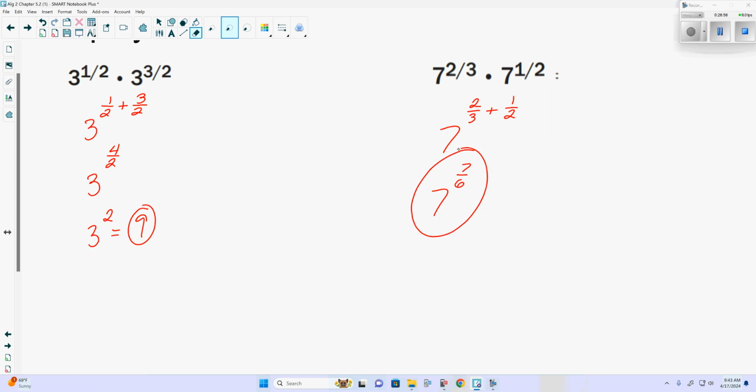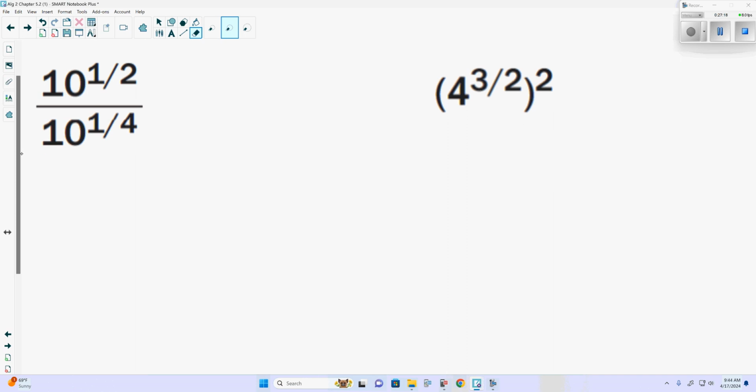And that's as far as it goes, because we can't take the 6th root of 7 nicely, and it's not asking us to find the approximate value to 2 decimal places. The next section is just continuing on with this. Here I want to dip our toes into this, because there are other things that go along with it, especially with radicals. Here we're just looking at fractional exponents.